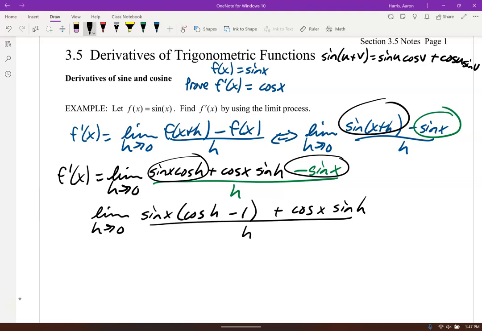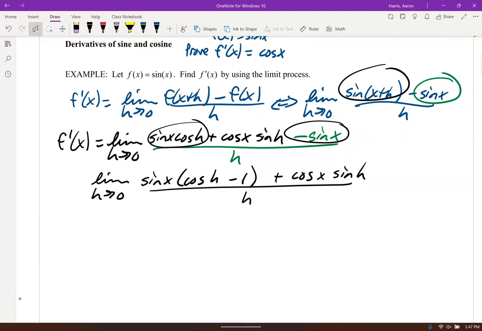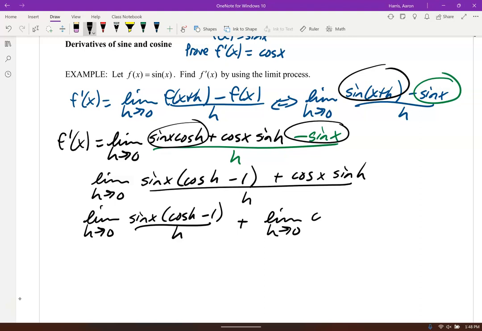And now what I'm going to do is split these up, with a common denominator.